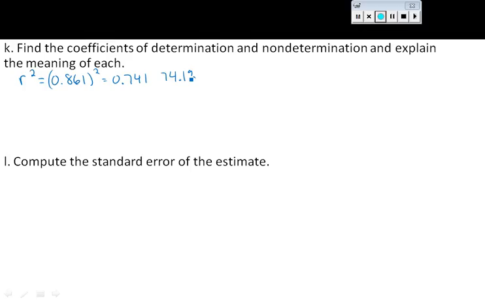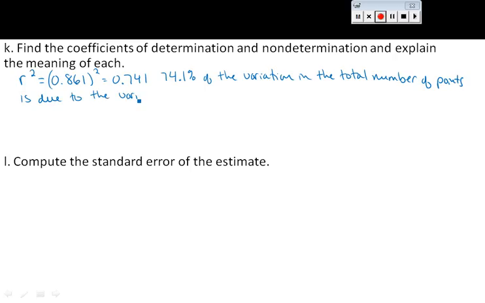And let's explain what that actually means. It means that 74.1% of the variation in the total number of points, which was our dependent variable, so the total variation, so 74.1% of the variation in the total number of points is due to the variation in the number of assists, which was our independent variable.